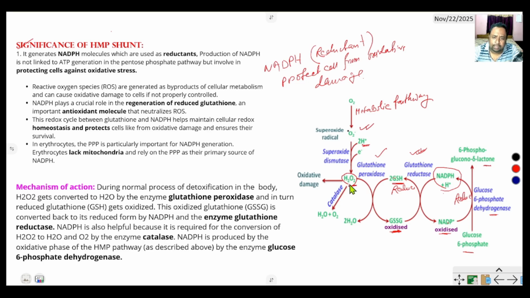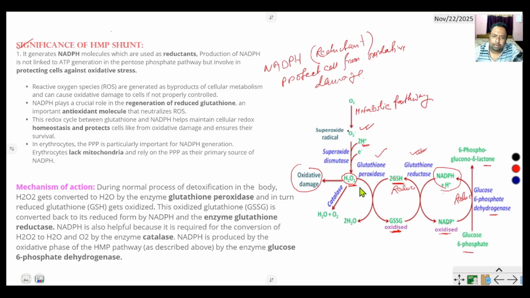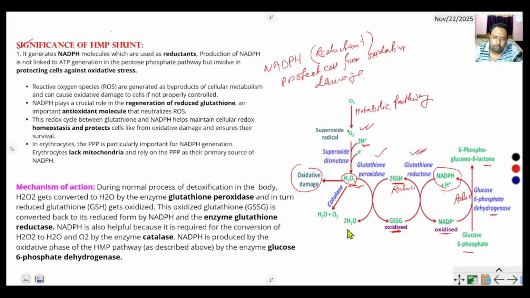Hydrogen peroxide is highly toxic for our cells and causes oxidative damage. Reduced glutathione, in the presence of glutathione peroxidase, converts hydrogen peroxide into H2O, water.